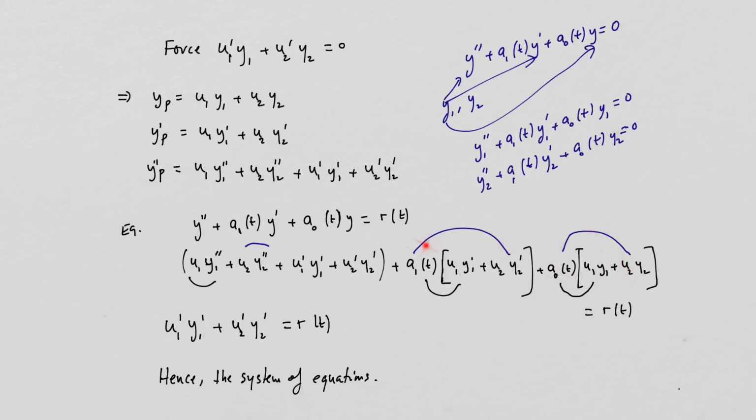So the blue is basically u2 times this, and the stuff in black here is u1 times this. So that means that's 0, that's 0, that's 0, and that's 0. So that whole thing is gone. These two terms are gone. You're left with u1 prime y1 prime plus u2 prime y2 prime equals r of t.